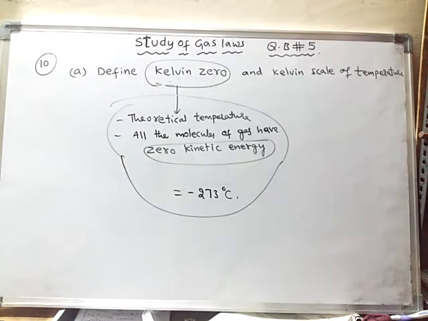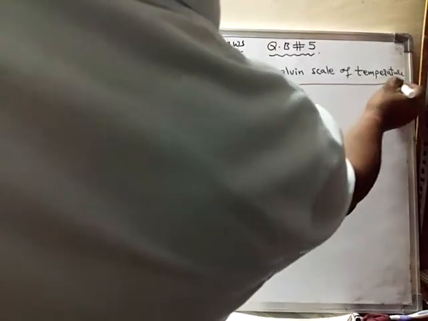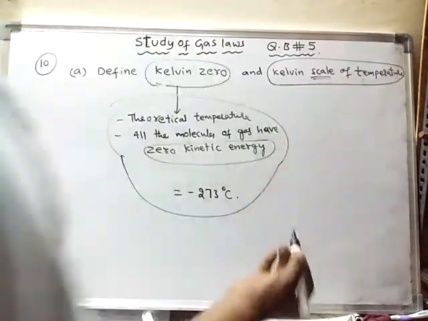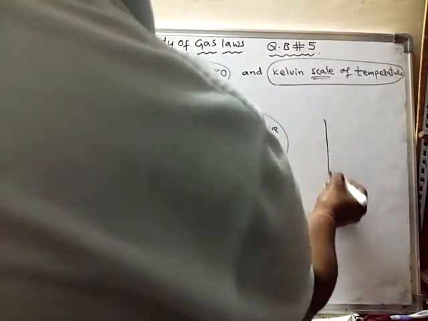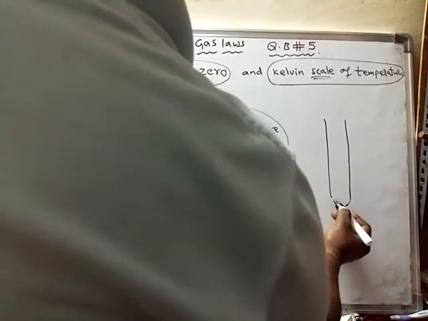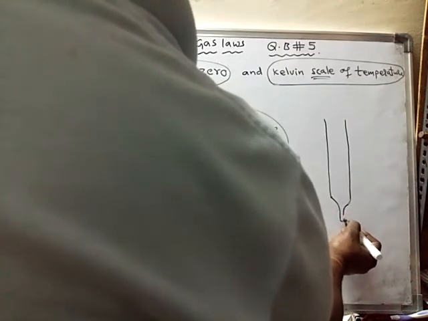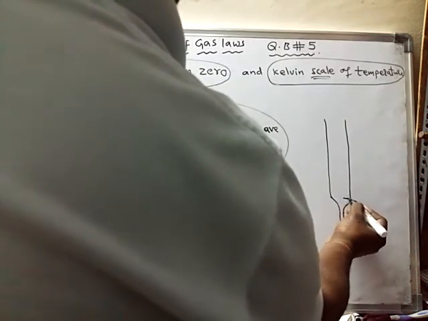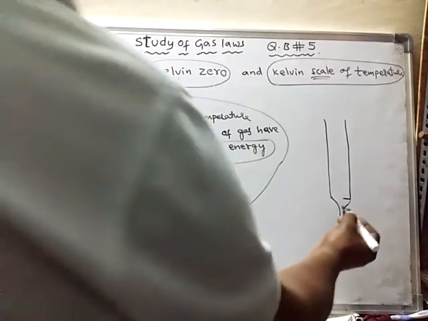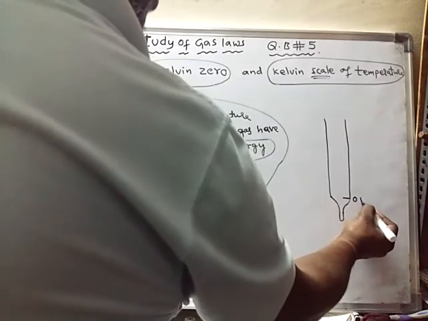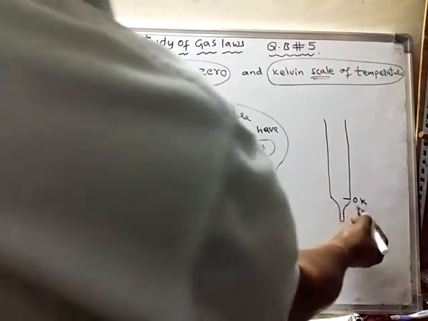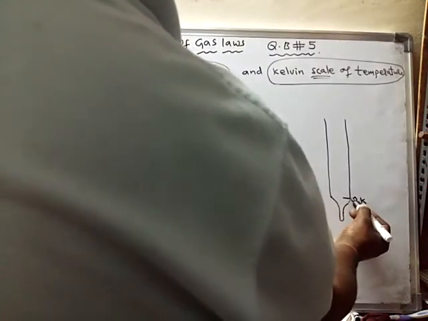Right. Next, what is the Kelvin scale of temperature? Scale means measurement. Suppose there is a thermometer whose lowest temperature, whose temperature starts with 0 Kelvin.